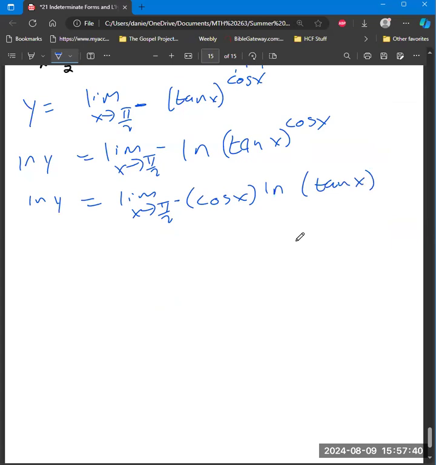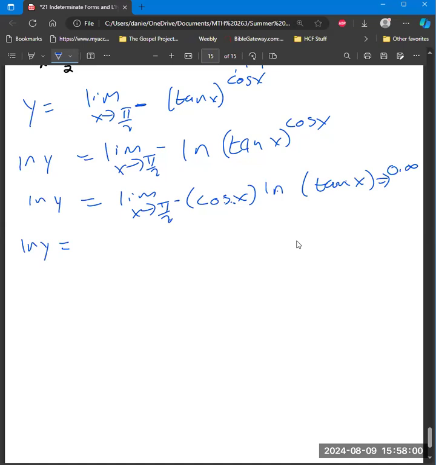And so this is going to be ln y is equal to, let's just evaluate this. This is going towards 0, and then this is ln of infinity, which is infinity, so this is still 0 times infinity.